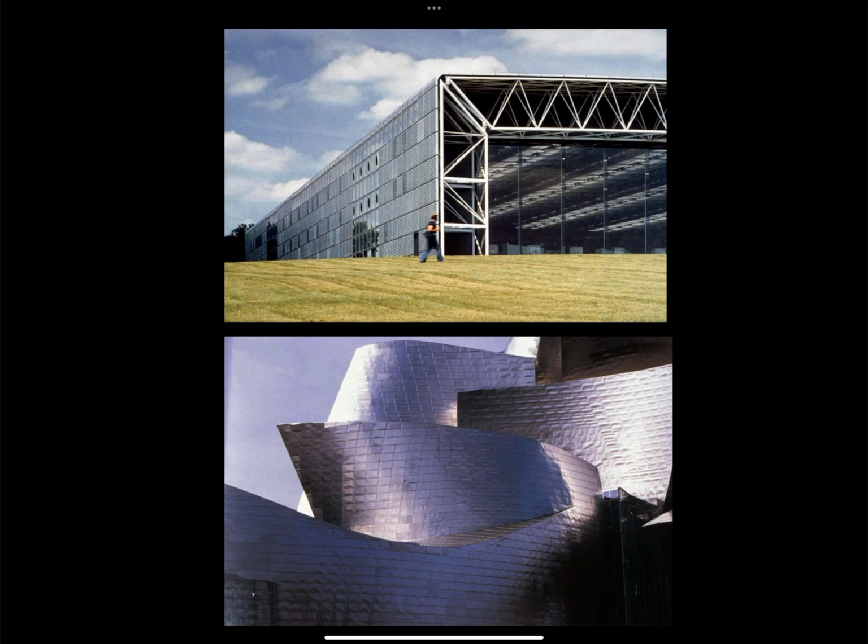Both buildings are silver, but the color of the silver on the Sainsbury Centre is a paint finish on the aluminum panels. The color of the cladding of Bilbao is the titanium itself.